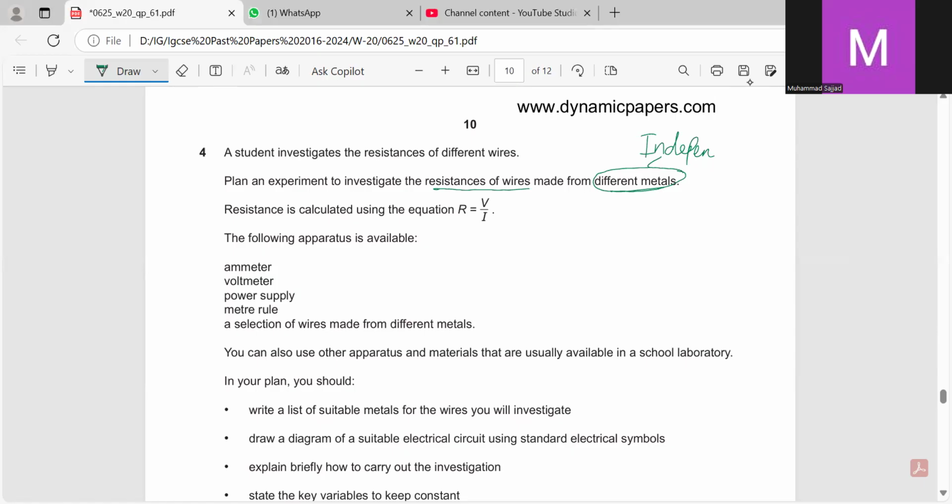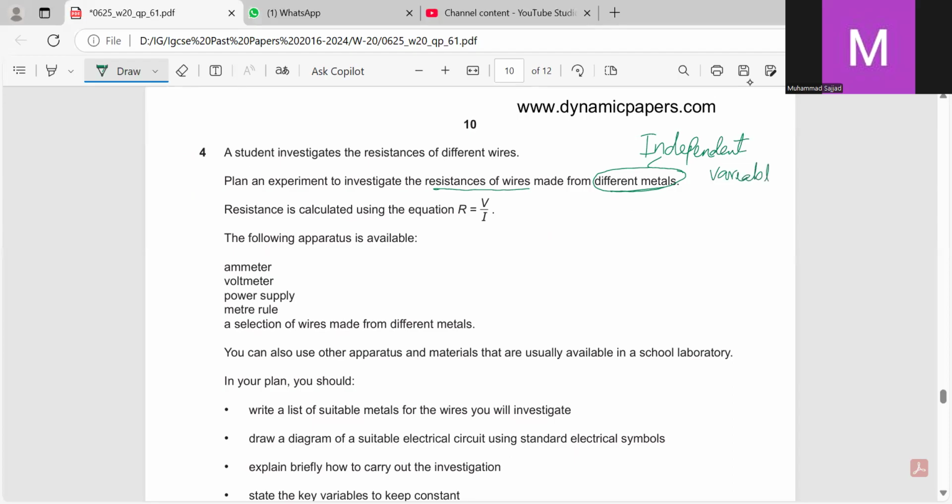So it is the teacher or the student who will choose one metal and connect it into the circuit, then proceed with the experiment and find the resistance. Then he will replace that metal with another metal, and in this way he will keep on changing the metals in the circuit and getting the resistances. So types of metal here, they are the independent variables or quantities.